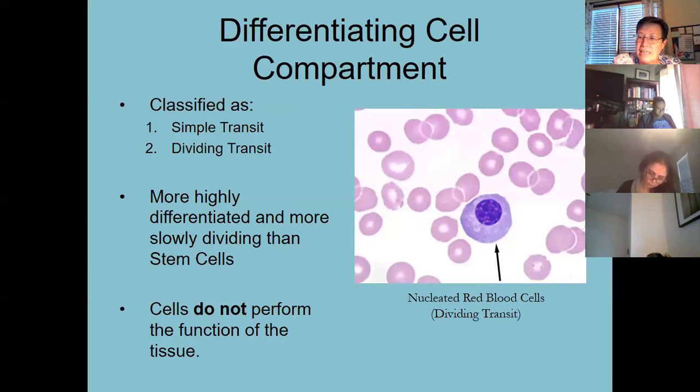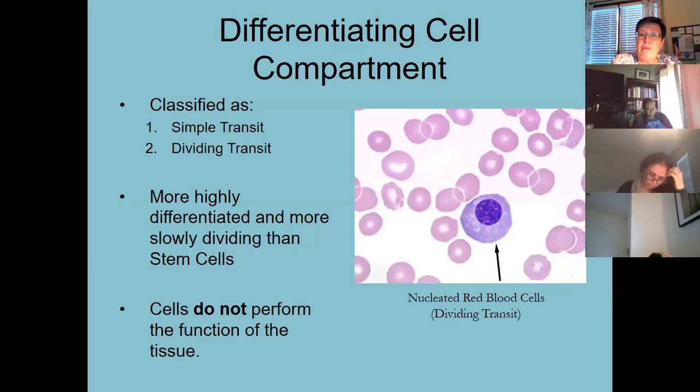So cells in the differentiating cell compartment do not perform the function of the tissue. They are maturing. They may or may not be dividing, but if they are dividing, they're dividing more slowly. But still, they're not to the point where they can perform the function of that specific tissue.